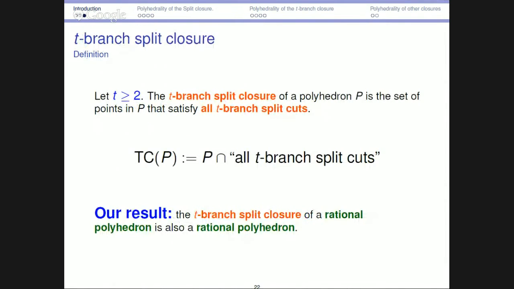Instead of the split closure, we define the t-branch split closure, which is nothing more than intersecting P with all t-branch split cuts. Given t, we intersect all possible t-branch cuts. Remember, these are the cuts you get when removing from P t split sets at the same time. We will prove that this object, which could also be weird because you have infinitely many t-branch split sets, is also a polyhedral set. This is what we will do in this talk.